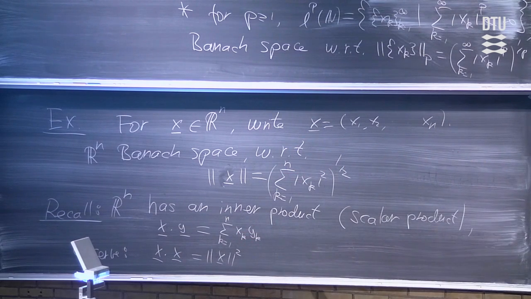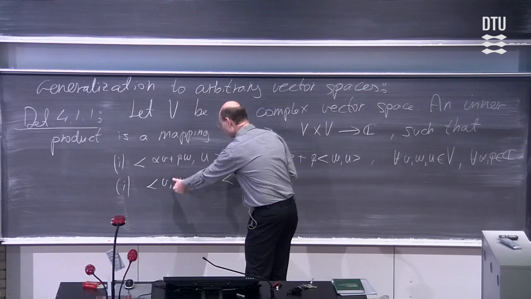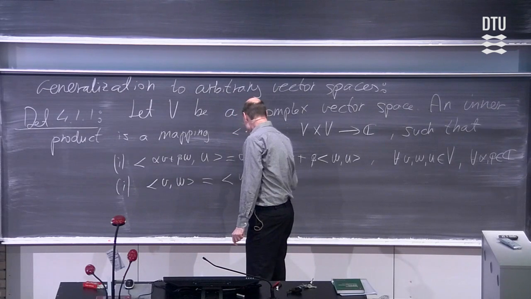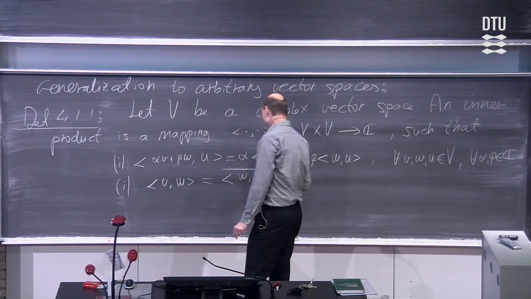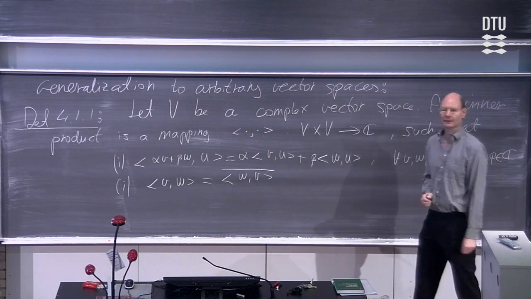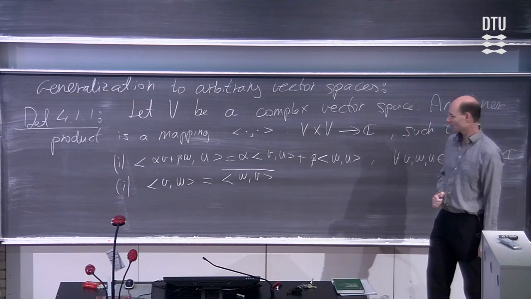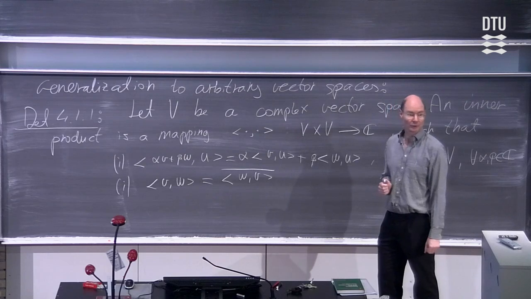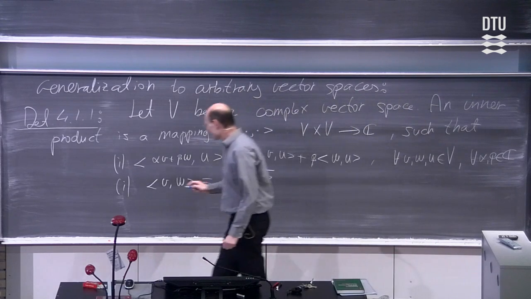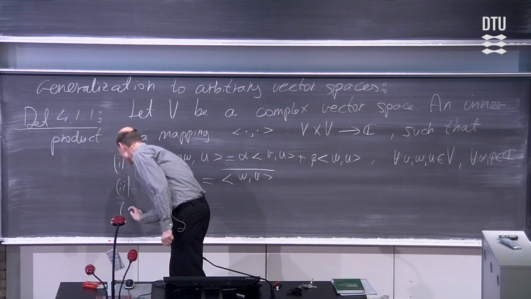Here, in the setting of complex numbers, this is different. So what we require is that this is the same as when we take it in the opposite order, but then we take a complex conjugate on that. So this is a change compared to what you know already. This is actually point 2.